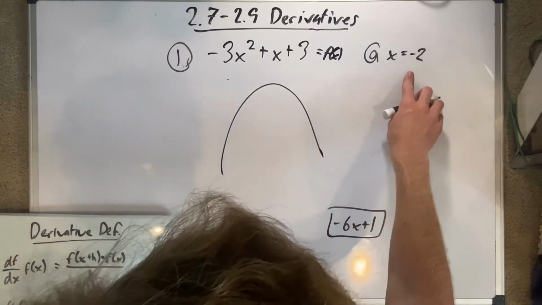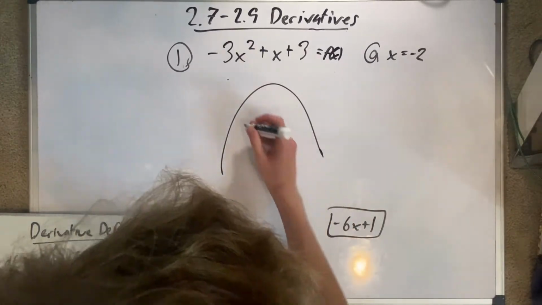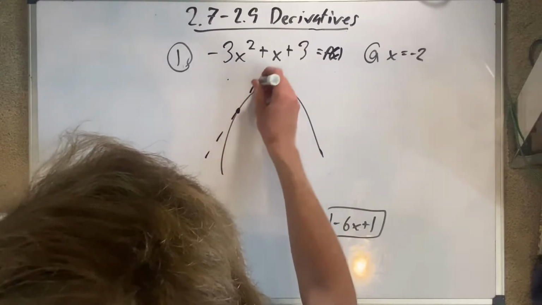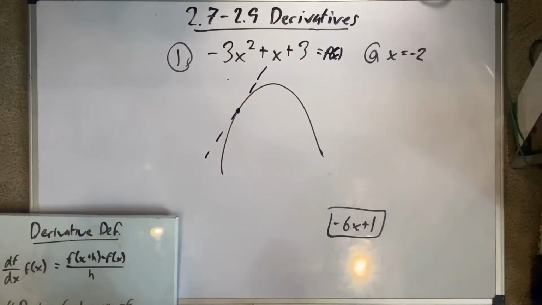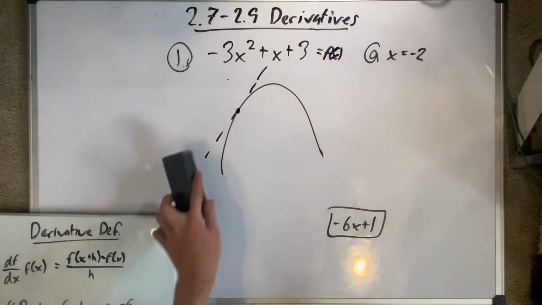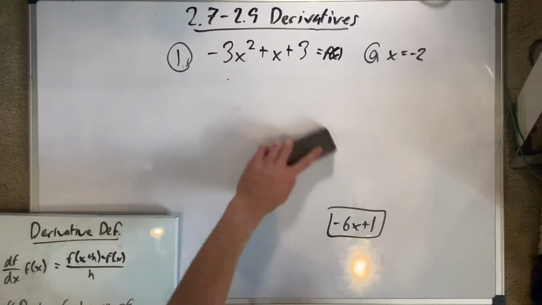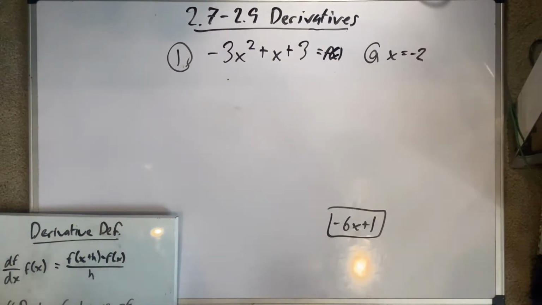And it wants us to find it at -2, which let's just say -2 is like right here. It wants us to find a tangent line that goes like this to the graph. And all of these questions will want us to do that, which means we're going to spend a lot of time on these questions. So now let's go even further.